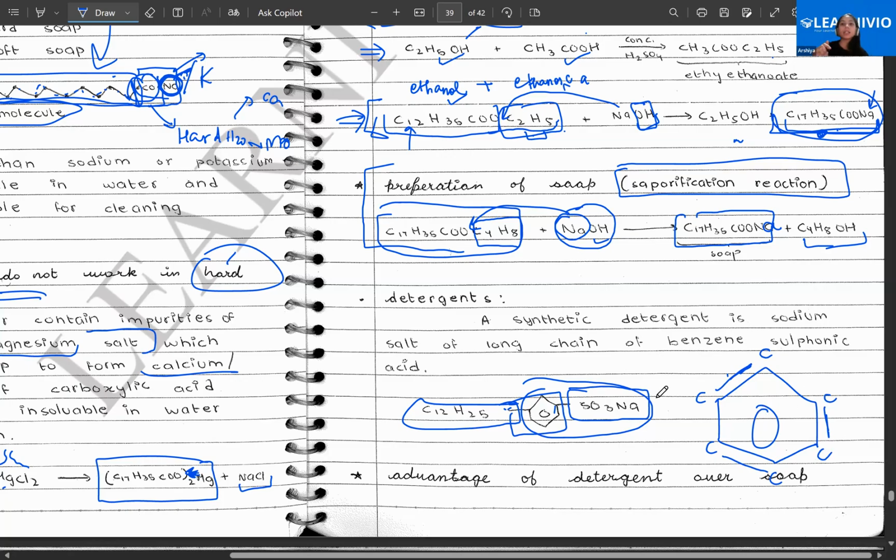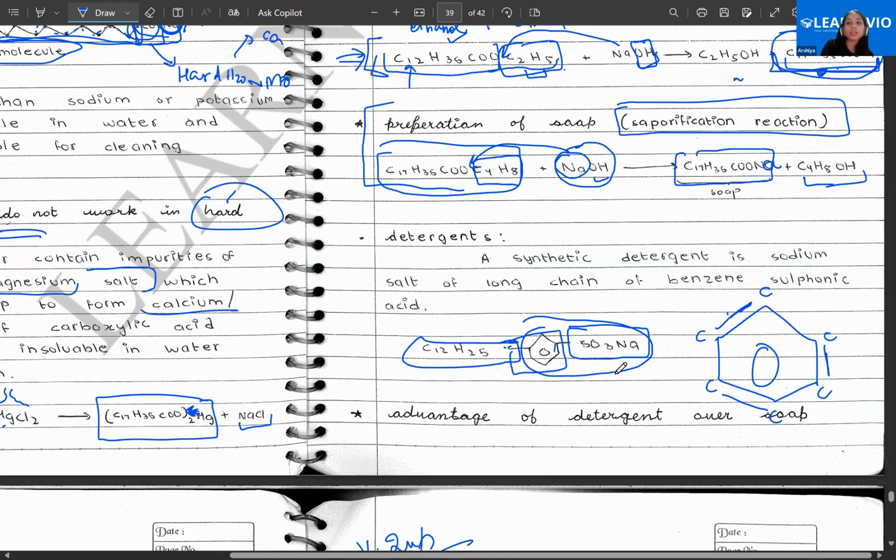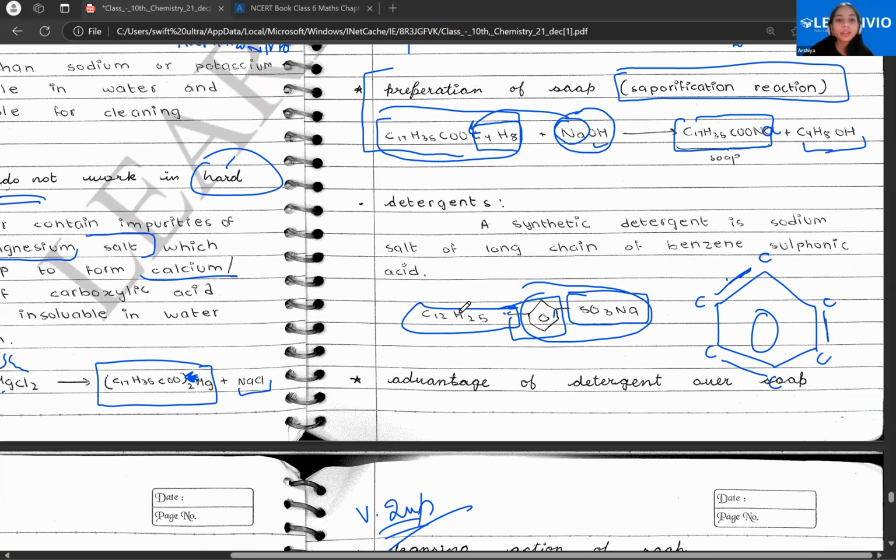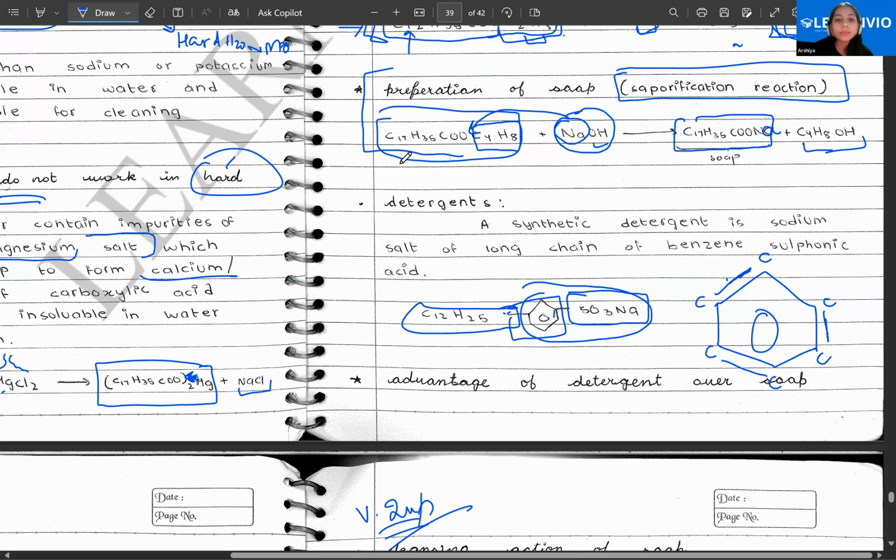Six carbon chain, that is benzene. Exactly six carbons should be there and alternate double bonds. So benzene has three double bonds and three single bonds.